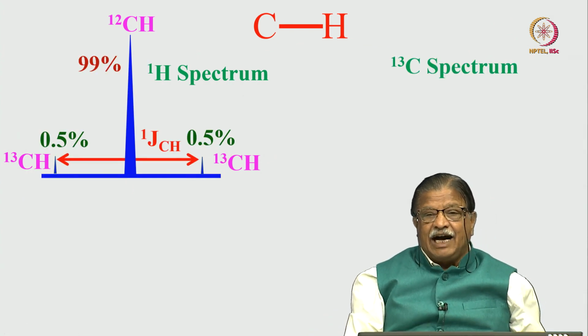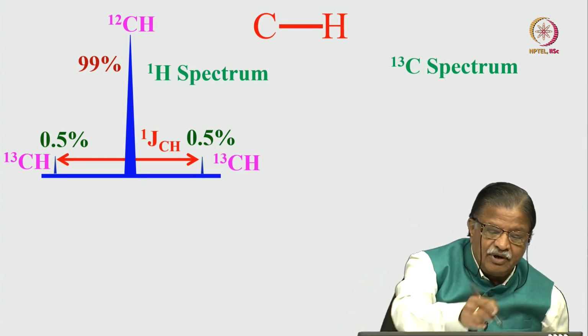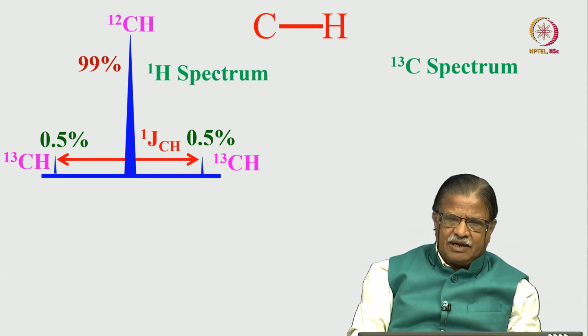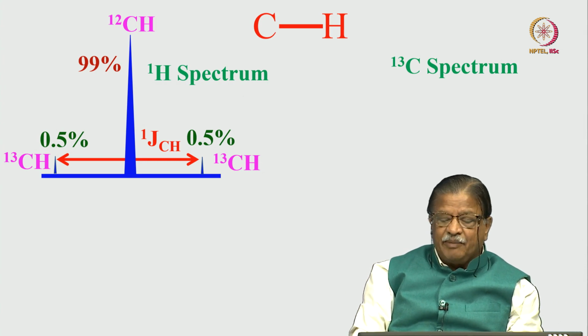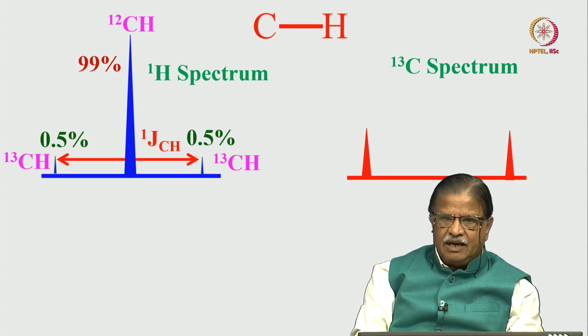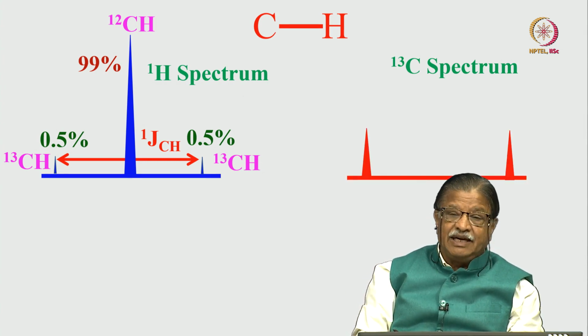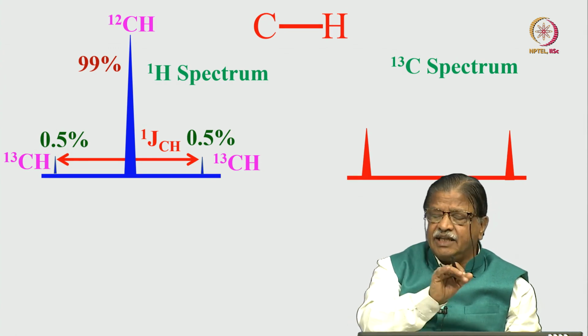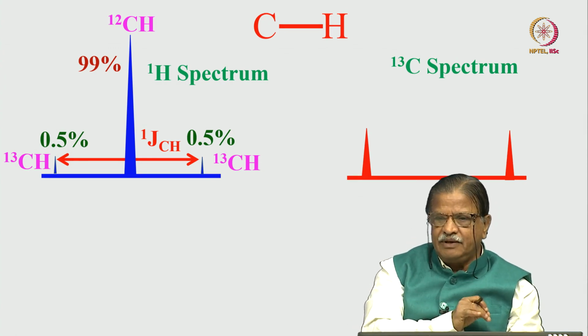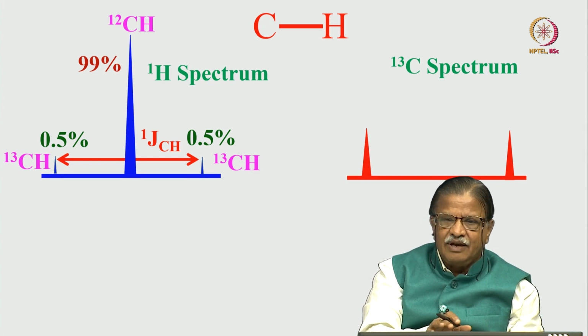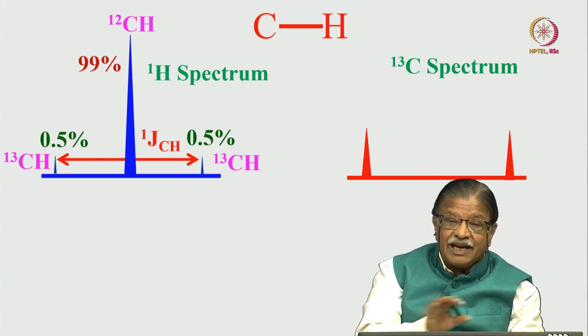If I detect carbon-13, of course, this directly gives you the one-bond proton-carbon coupling. What about carbon detection? It will give only a doublet. As I said, when I am detecting the dilute spin, the question of satellites does not arise.